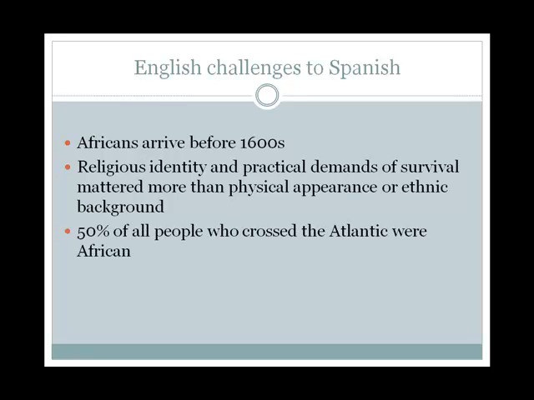About 50% of all the people who crossed the Atlantic were African. That's a startling number when we think about what these colonies will eventually look like. But again, this is for the whole period of this migration of populations from the Old World to the New World.